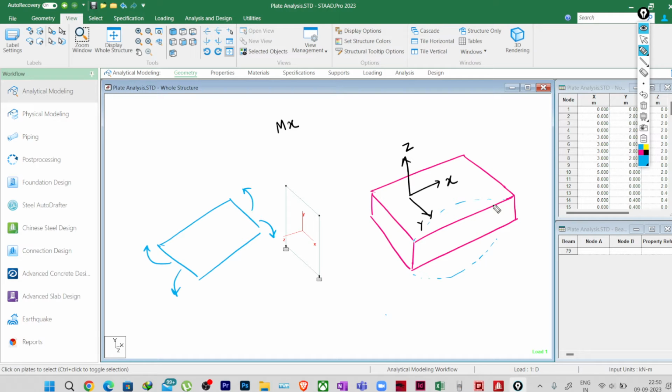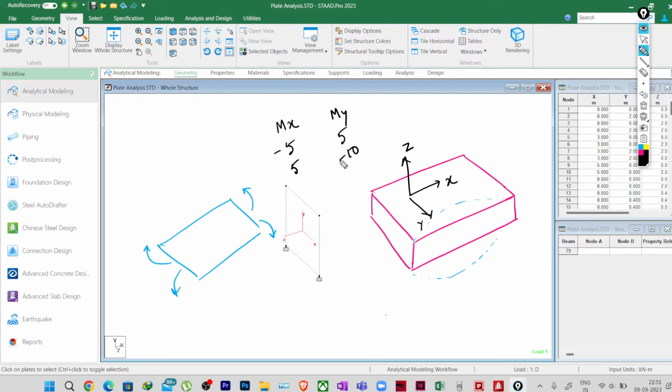But what is more important for us is that suppose STAAD is giving mx and my. Suppose STAAD gives -5 and my is 5, or another value STAAD gives 5 and here -10.